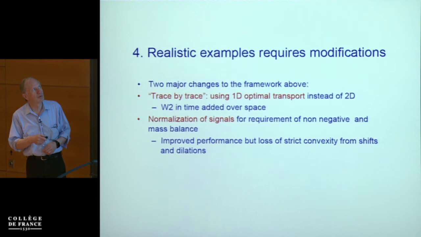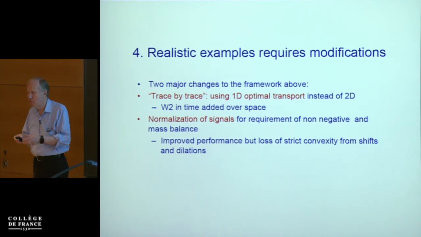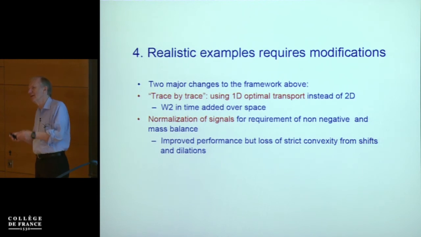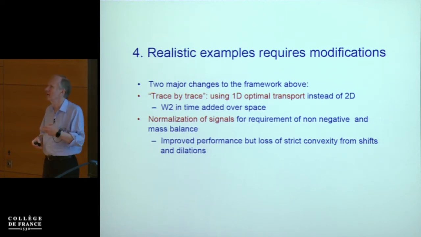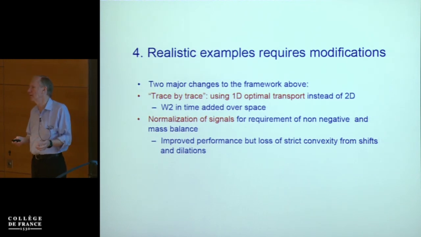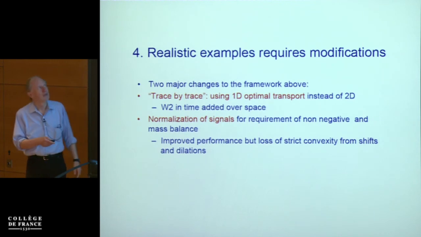The other is about the normalization. And there, the normalizations that give you convexity for shifts and dilation were not doing well in the full setting. Another normalization that doesn't do so well with respect to convexity with shift and dilation did better.